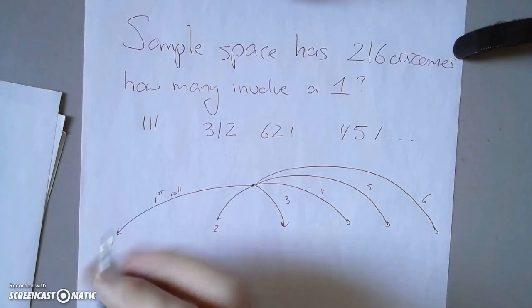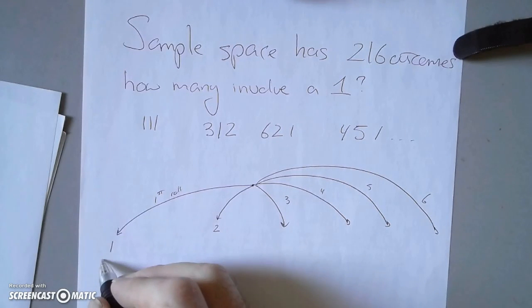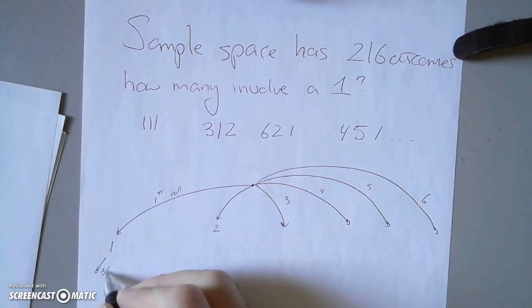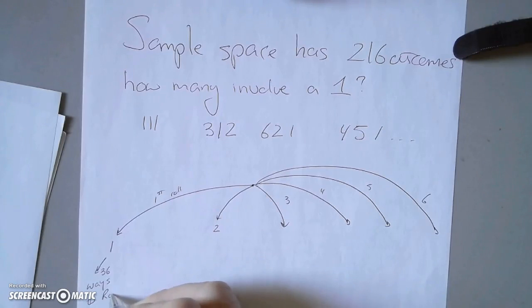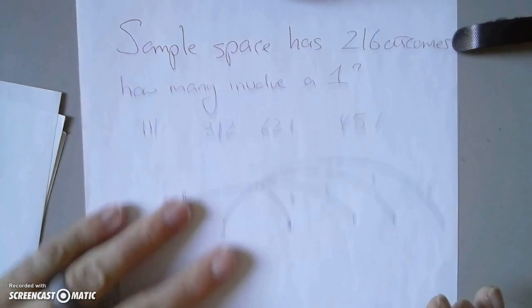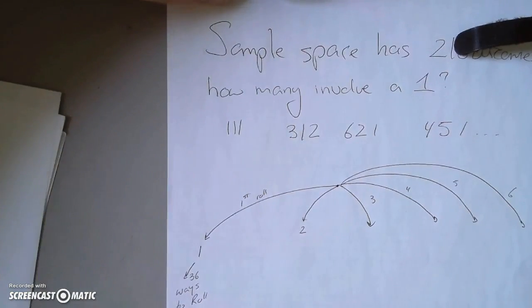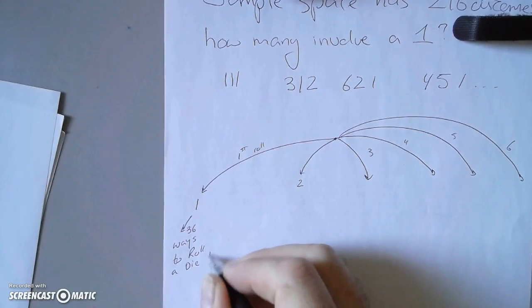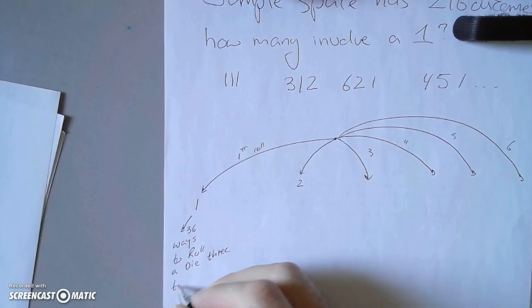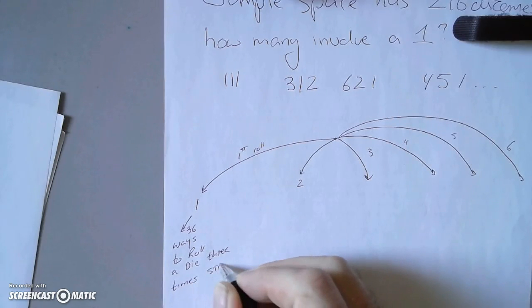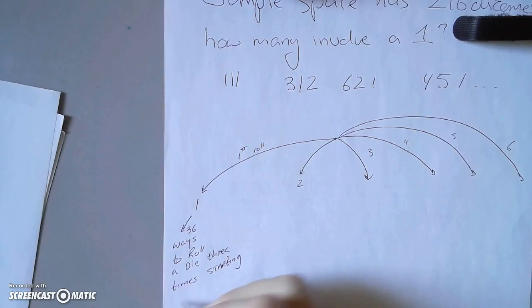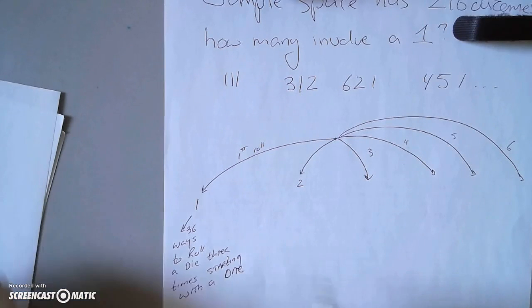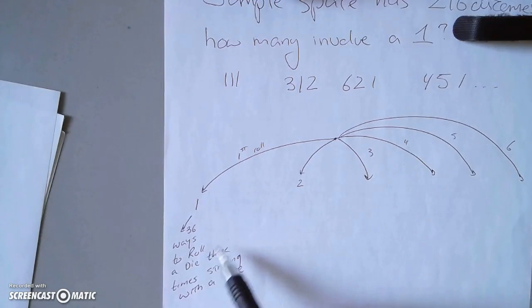If you roll 1 and you keep rolling, there are 36 ways to roll a die 3 times, starting with a 1. So there are 36 ways.